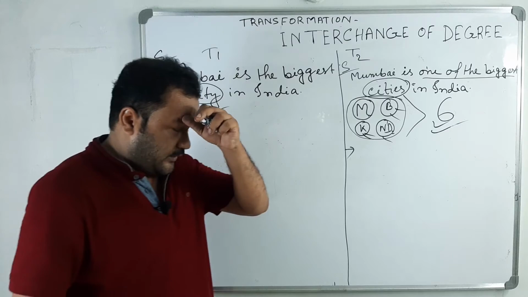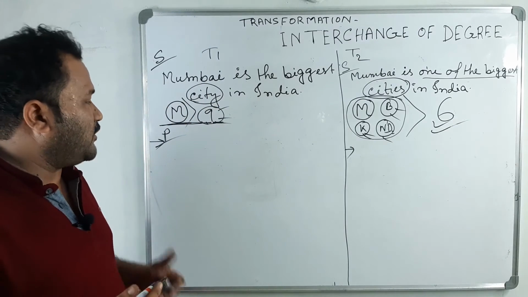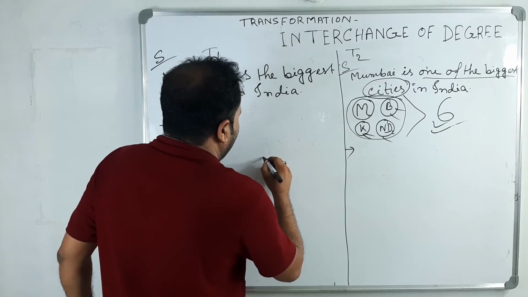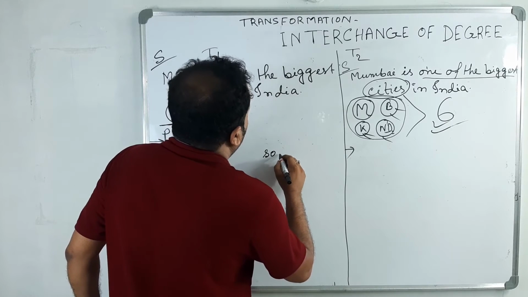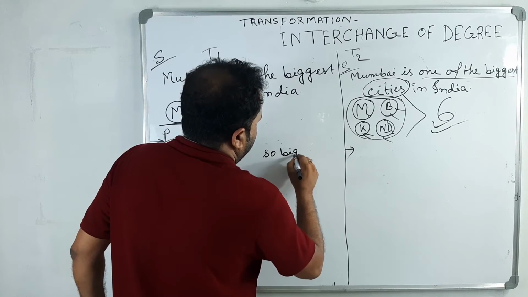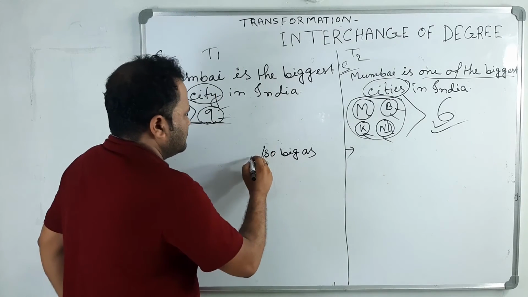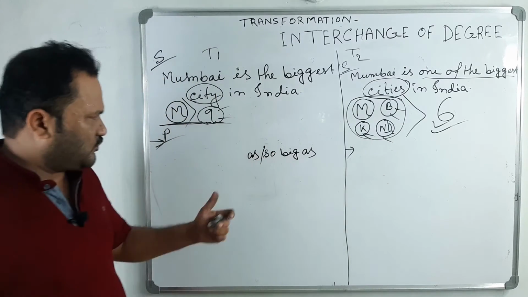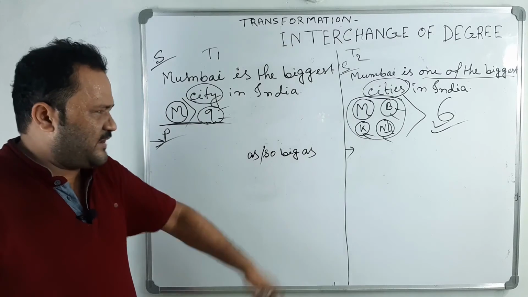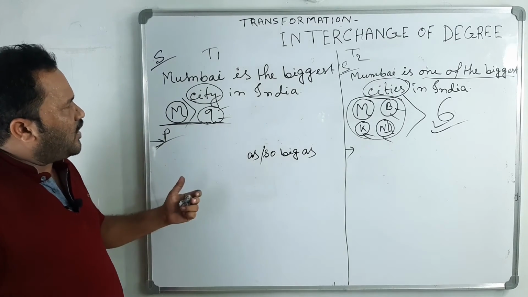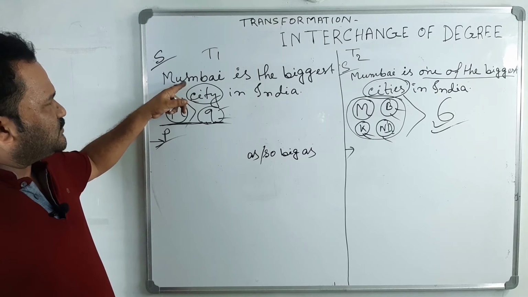Positive degree. Okay. What is the form of positive degree? So as big as or so as big as or so big as. Now you have to compare the other cities with Mumbai.